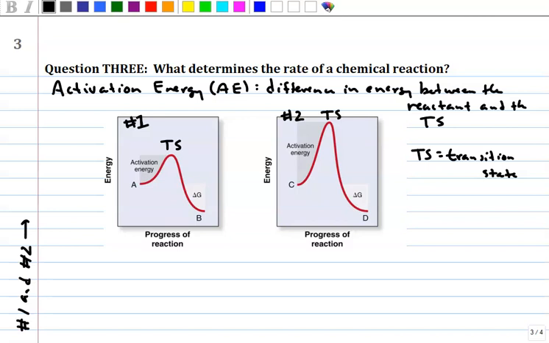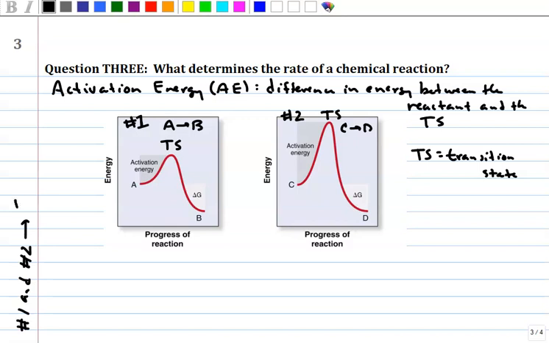So in both cases, the product is lower in energy than the reactant. So here, A going to B, this is what this reaction is characterized as. A going to B, C goes to D. Both of these are spontaneous reactions because the energy of the product is lower than the energy of the reactant.